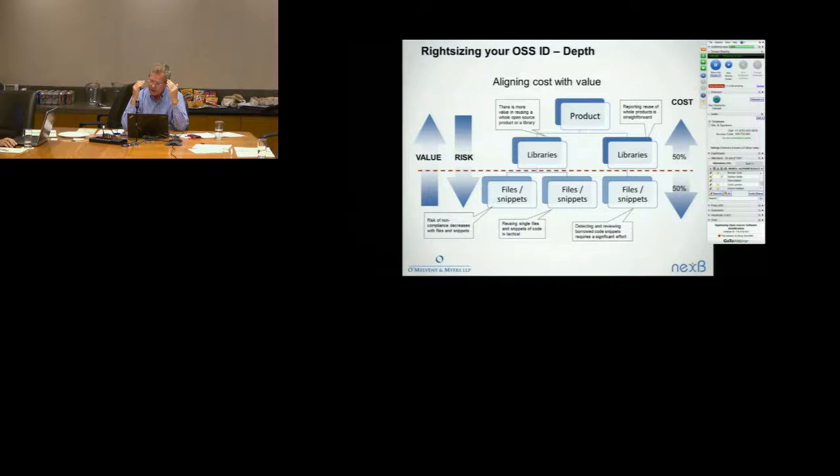So again, in identifying open source components, you should look first at the bigger ones, where you derive the most value and have the highest risks, rather than spending a lot of your money and efforts on things which would be lower value and lower risk. It's common sense, but it's important, and unfortunately it's not widespread common sense in this business.